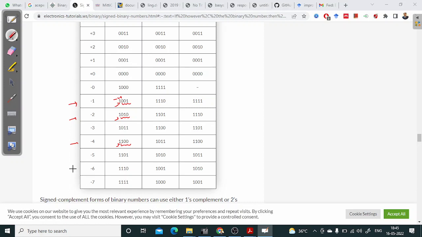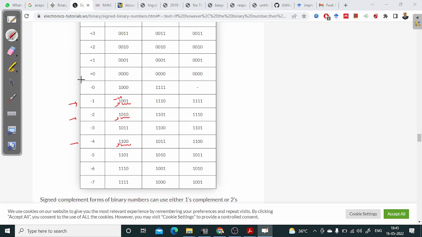So the first bit at MSB decides whether it's a positive or negative number, and the next bits after the MSB will decide the value. It can be 3 bits, or it can be less, or it can be more. For representing between 0 and 7, it would be a total of 4 bits.